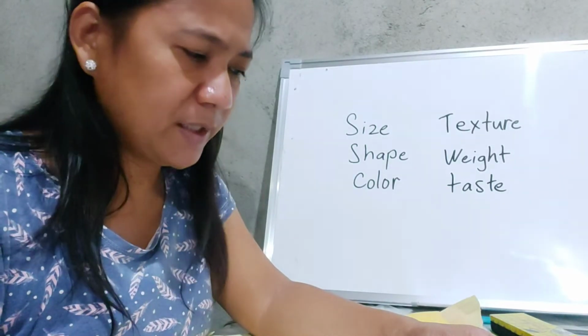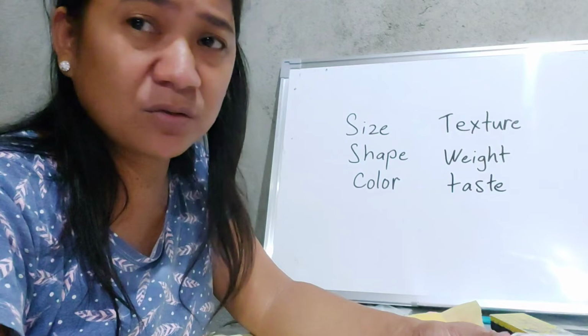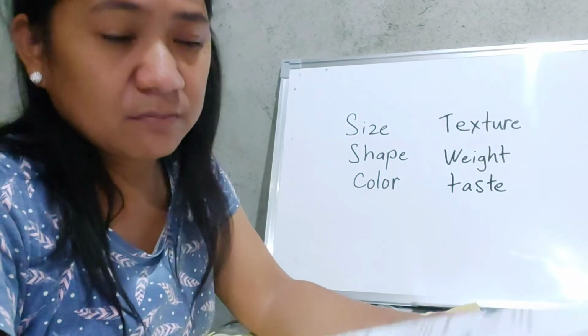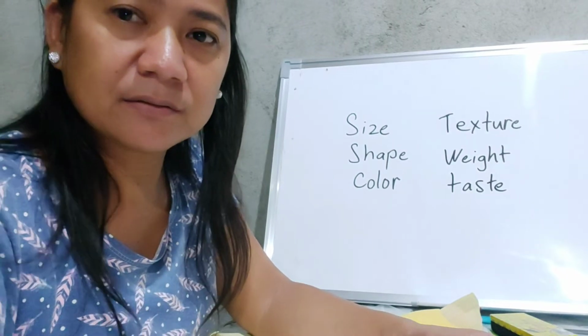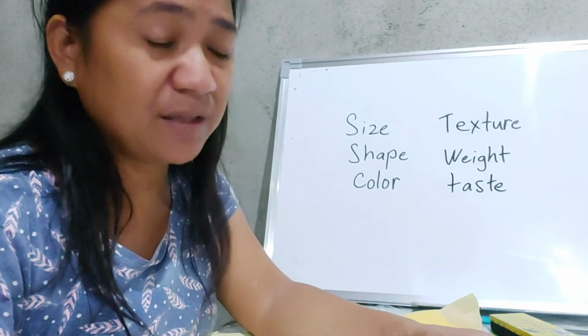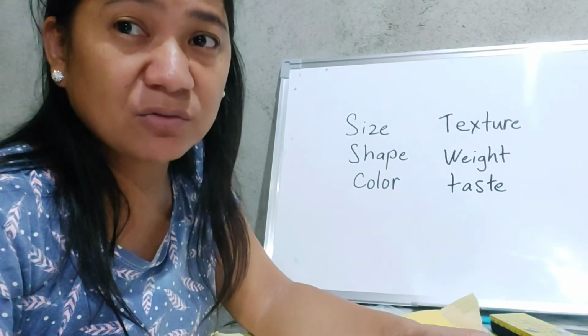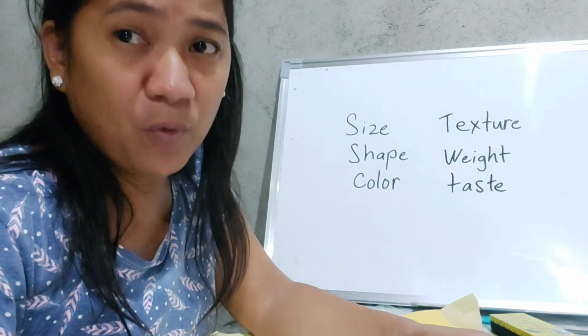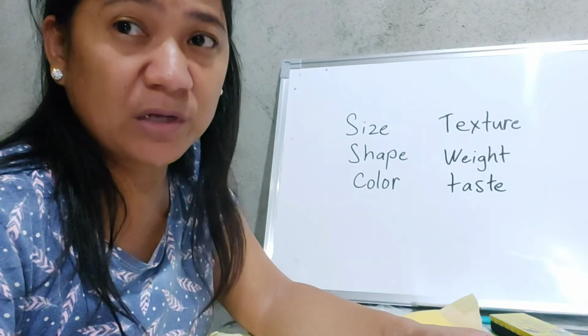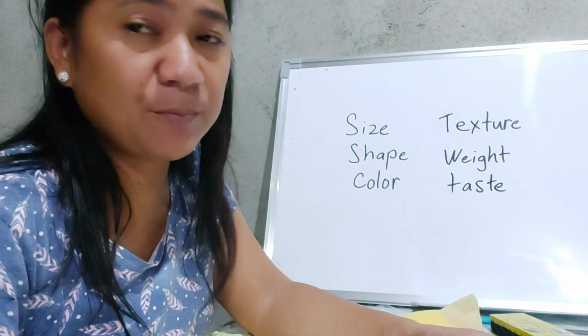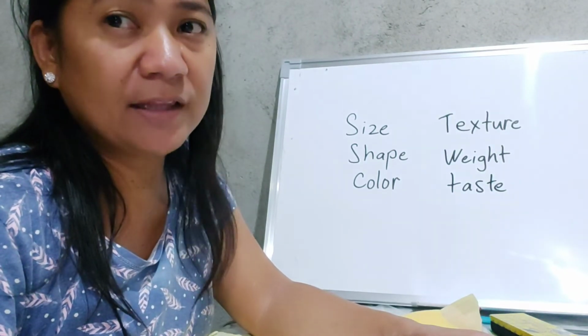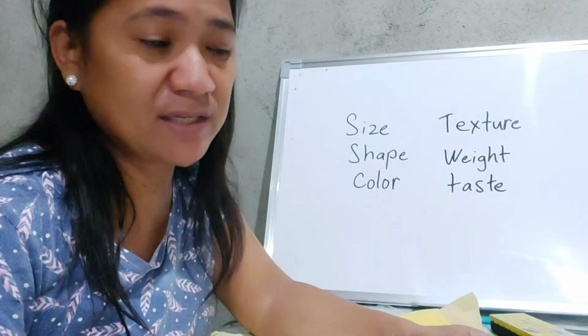Grabe po, sobrang dami ng exercises na dapat sagutan sa science. I think hindi kakayanin po ng mga anak natin na sagutan ito sa isang upuan o sa isang araw lang. So, gawin po natin siguro ito ng 2 session para hindi po masyadong mapagod ang ating mga anak. Sobrang dami po kasi niyan.